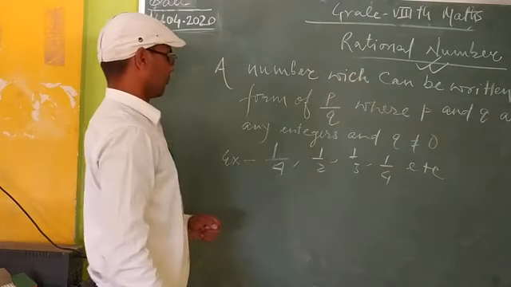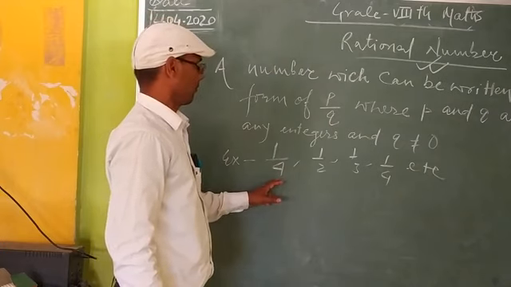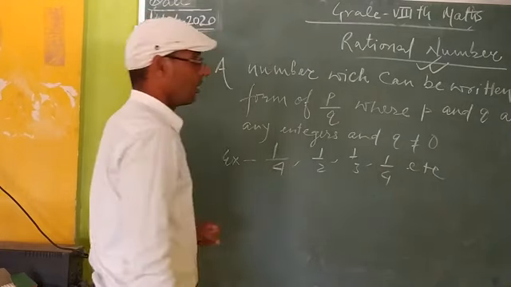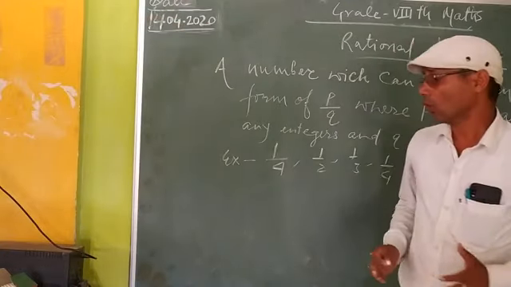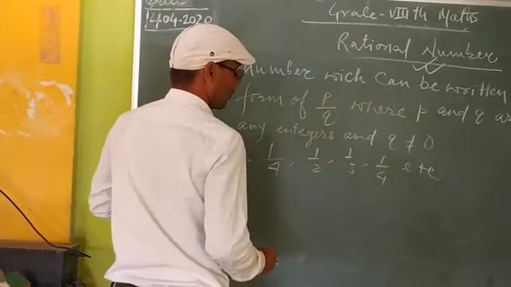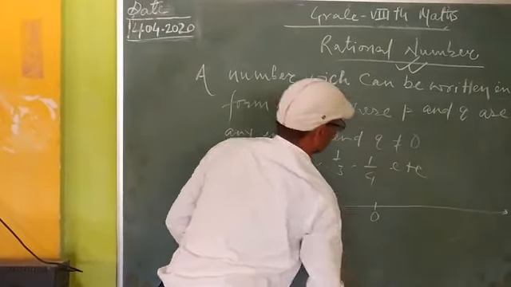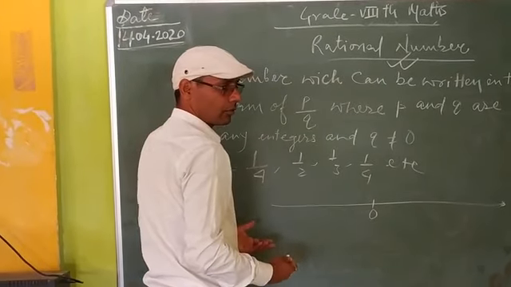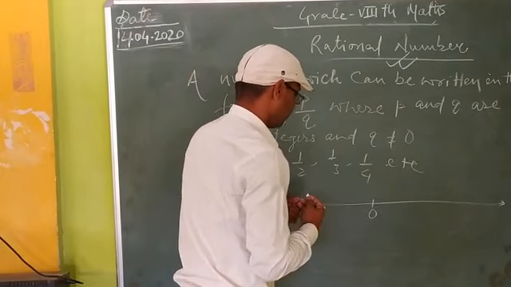What are you looking at? These types of numbers are rational. My dear, I am taking you to a number line once. Suppose here is 0. 0 is also an integer, neither positive nor negative.